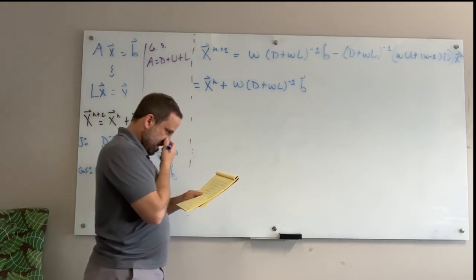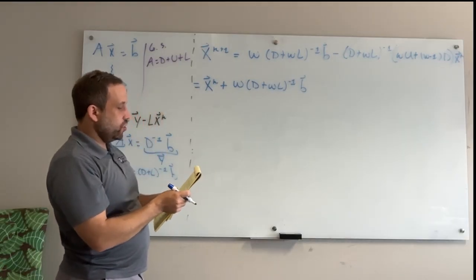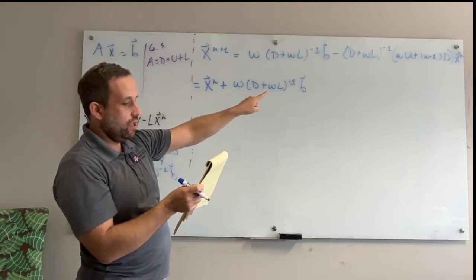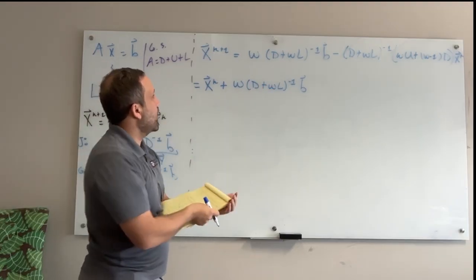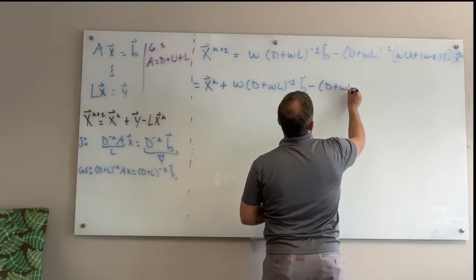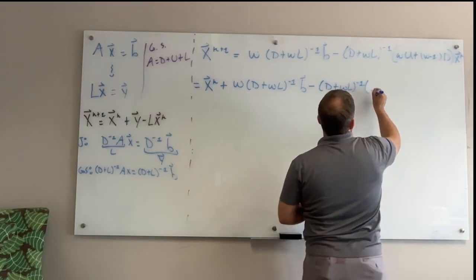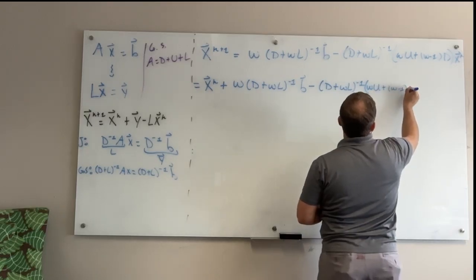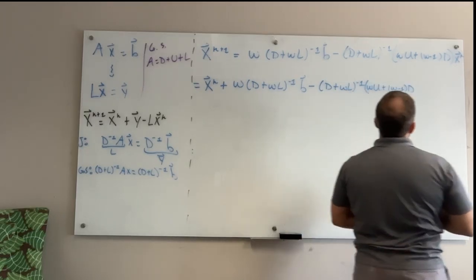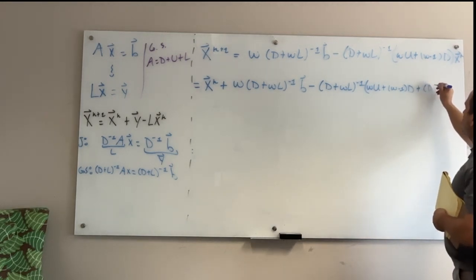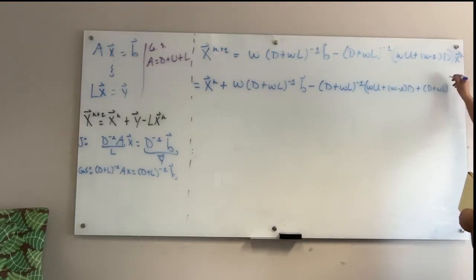Then I need to subtract an x^k, so we have minus (D plus omega L) inverse times (omega U plus (omega minus 1) D). But if I'm subtracting off an x^k, I need to put in plus (D plus omega L), and all of this is multiplied by x^k.